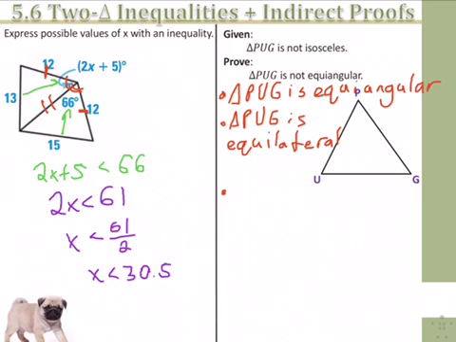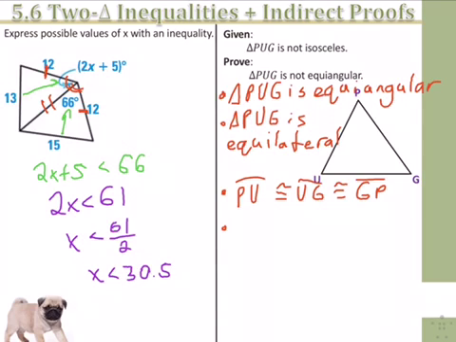We also know PUG is not isosceles, but let's remember what it means to be equilateral and be isosceles. So this means PU is congruent to UG is congruent to GP, and that's based on the definition of equilateral. Let's think about what it means to be isosceles.